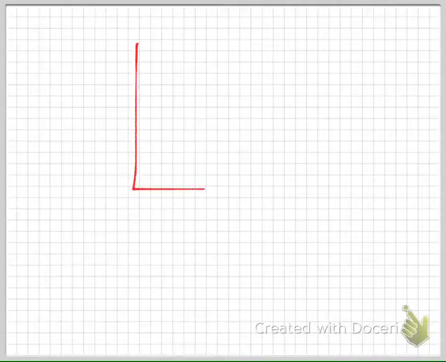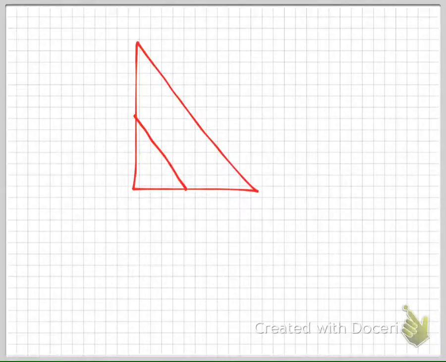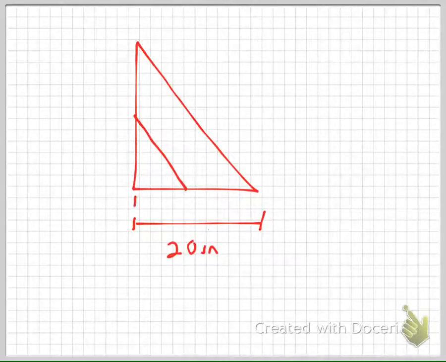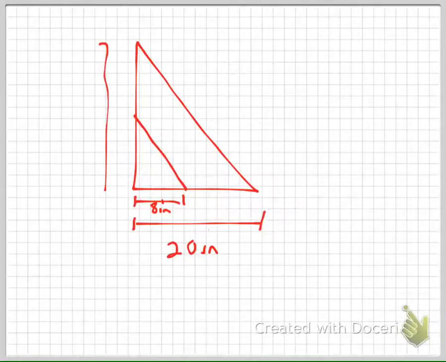What if I gave you this, and I'm not even going to do it for you, but what if I gave you that triangle like there, and then I did this? And I told you that this whole thing was 20 inches, and this little guy here was 8 inches, and this whole thing up here was x, and this right here was x minus 4.